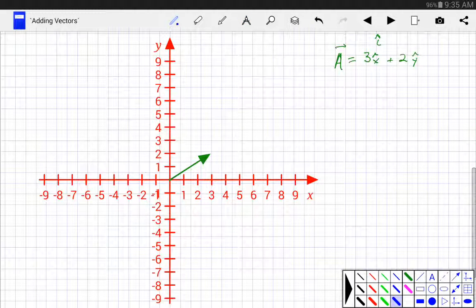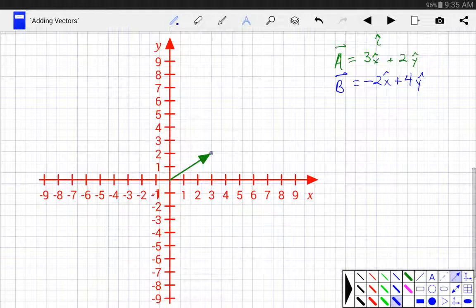Now I'm going to have a B vector, and I will make it minus 2x hat plus 4y hat. Got to remember to put the hats on there so it's unit vectors. So now if I want to plot this, it's going to go to the left 2 and up 4.